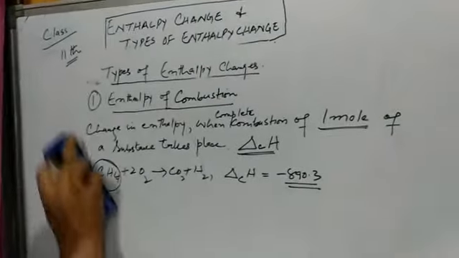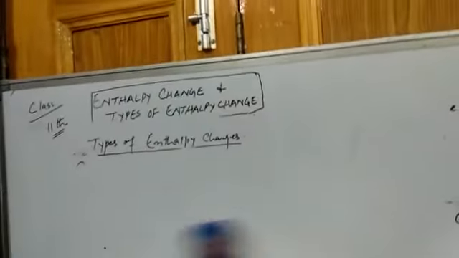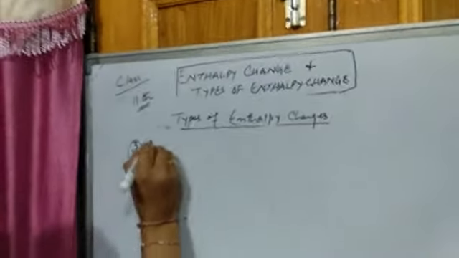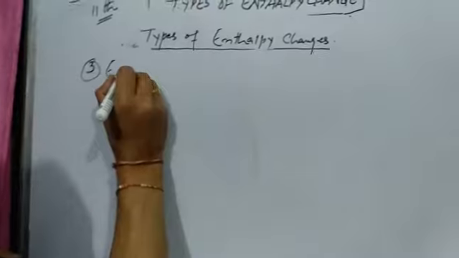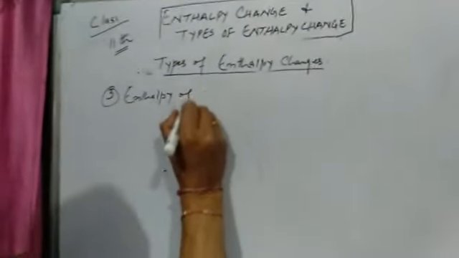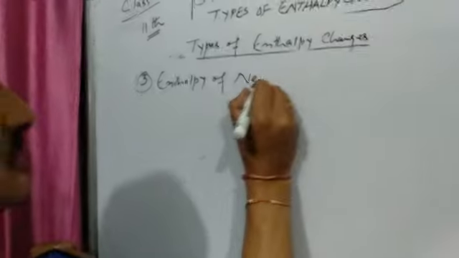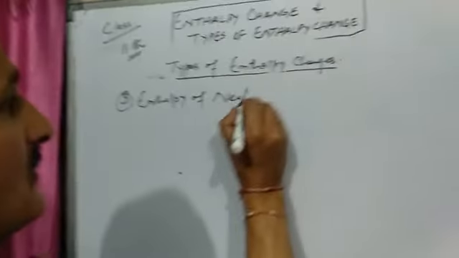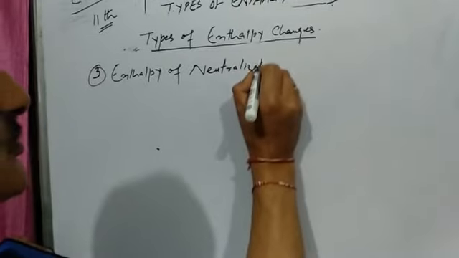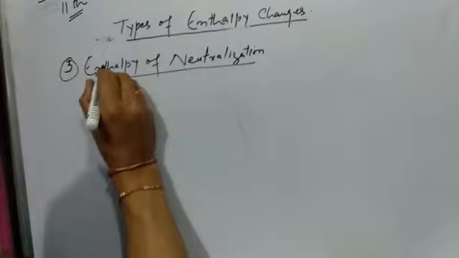Now coming to another type of enthalpy change, that is enthalpy of neutralization. Before going to enthalpy of neutralization, we must know what is neutralization. Neutralization is basically an acid-base reaction.